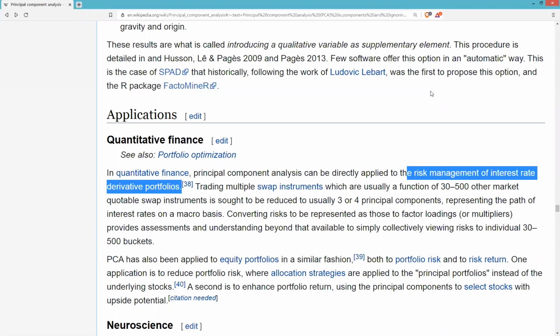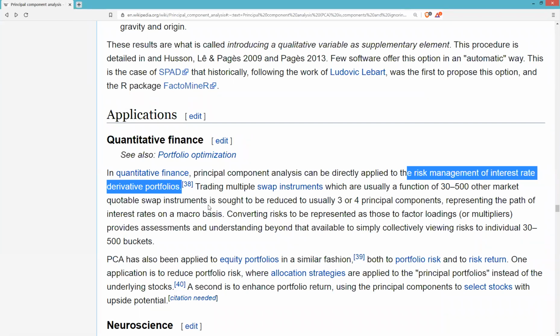Then we can simply focus on that principal component to manage the risk of interest rate related portfolios. Since we have too many dimensions, we have to reduce dimension. So we do PCA, reduce the dimension of the interest rate data, select the principal component, and focus on that for risk management.